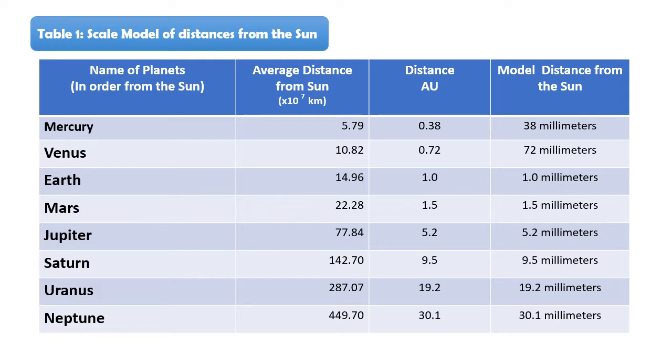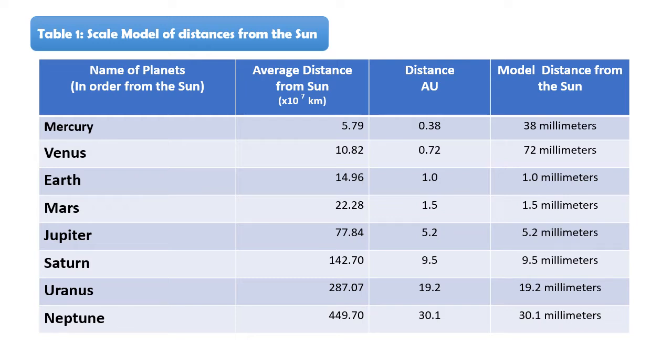Venus, 10.82 million kilometers, and then 0.72 astronomical unit, then 72 millimeters. Earth, 14.96 million kilometers, 1.0 astronomical unit, and 1.0 millimeters.